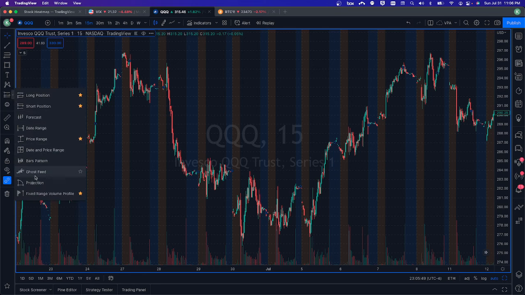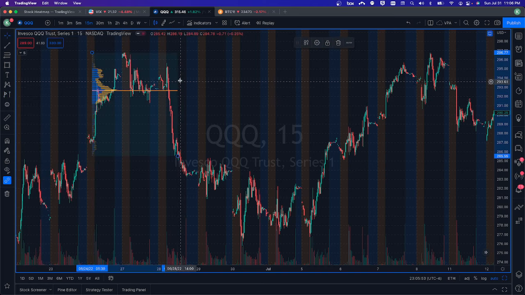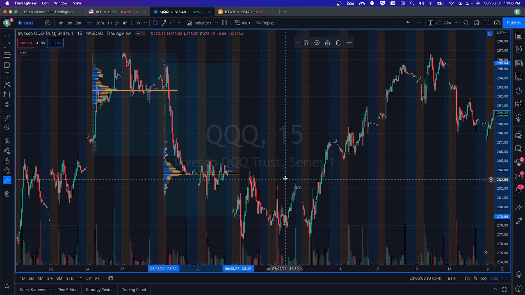We can take the fixed range volume profile and we can measure not only areas of consolidation to see where liquidity was injected at, but we can also measure the trend itself to get an idea of areas where we might see price struggle. So we had this come down, we had it consolidate, drop more.